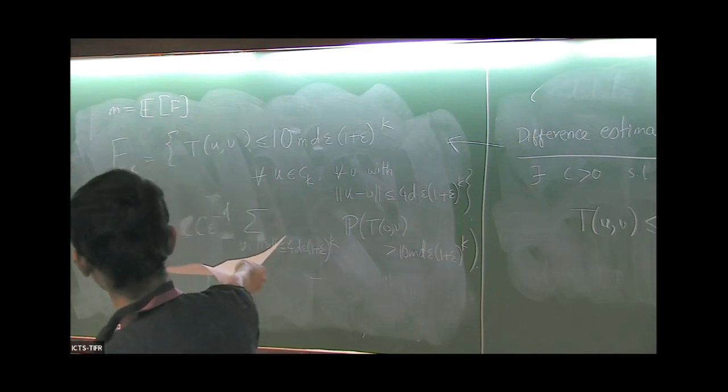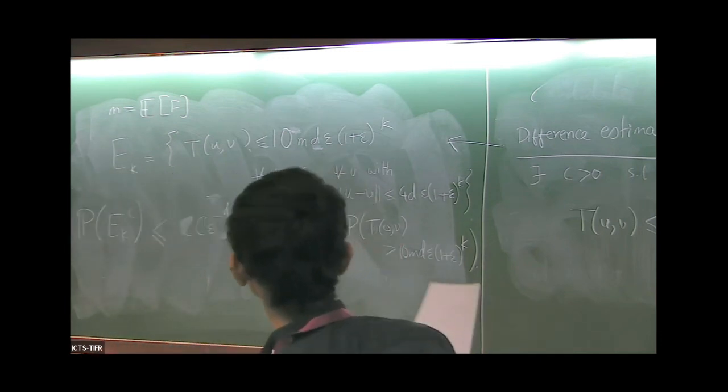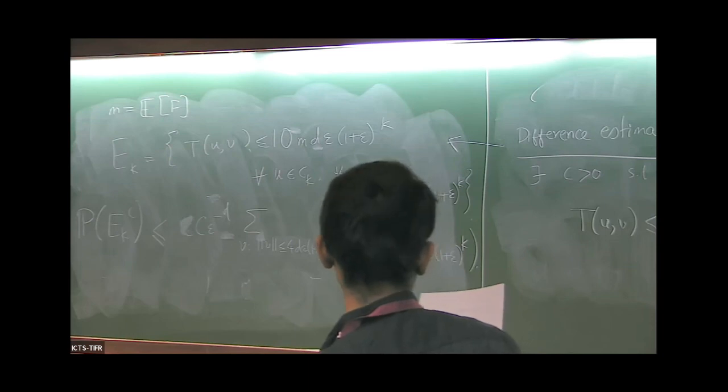So the sum over V is now simply over all V with norm V with the given upper bound, of the probability that T_0V is sufficiently large.